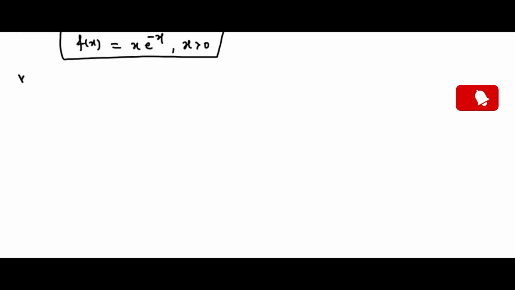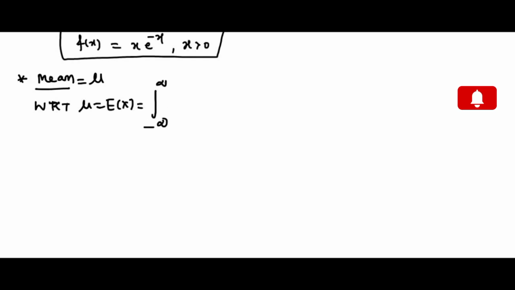So what is the second question? Second, we are going to find the mean value. We know the mean formula: mu equal to expected value of x, that is equal to the integral from minus infinity to plus infinity of x into f of x into dx. What is the f of x value?